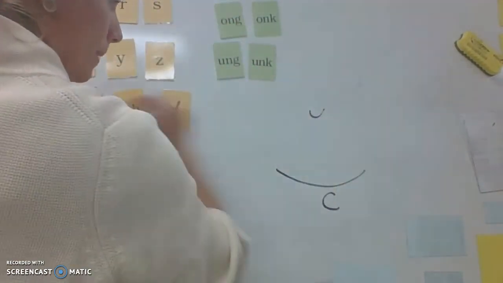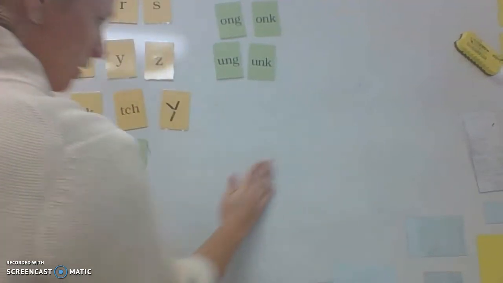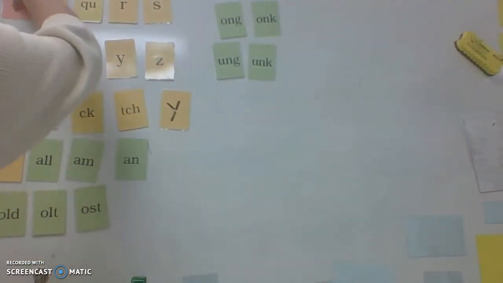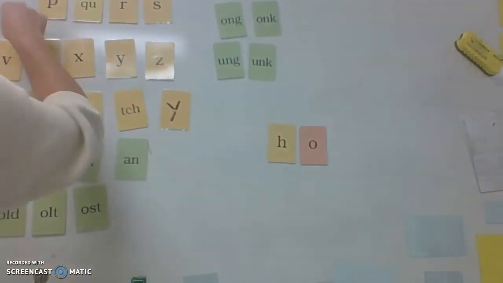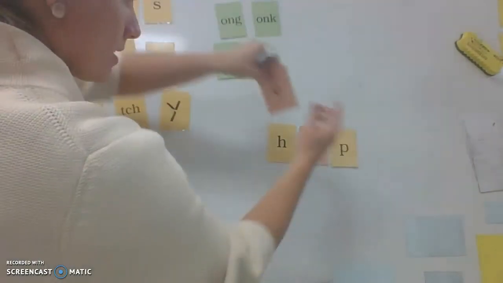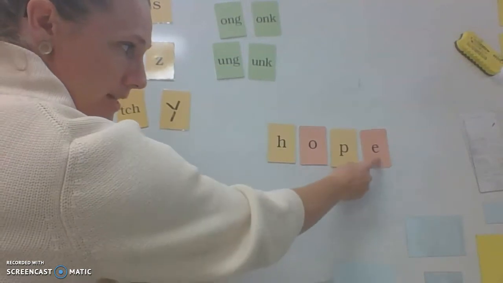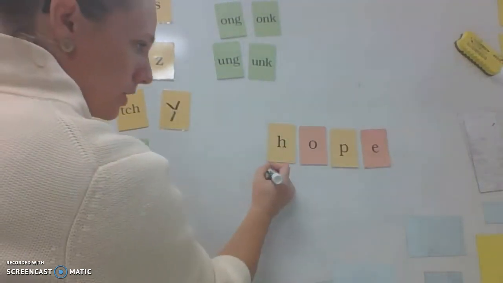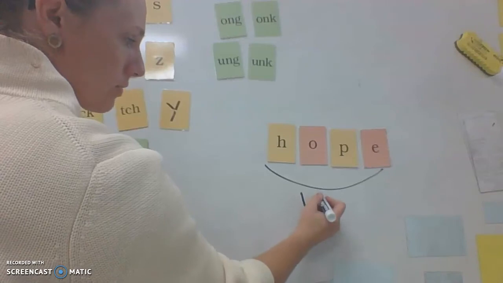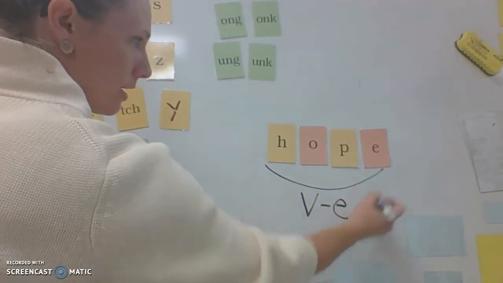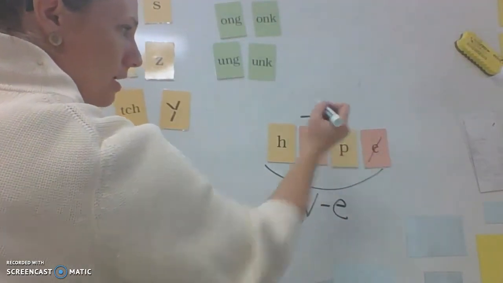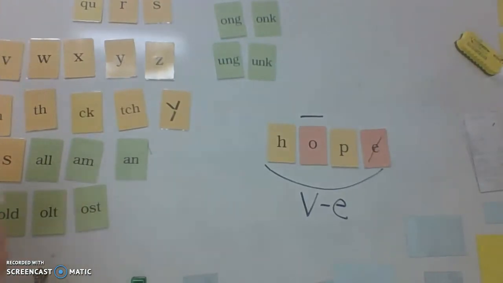Okay, how about this one? What kind of syllable is this? Find the vowel. It's closed in, but oh, wait a second, there's an E. So this syllable is vowel, consonant, E. And we cross off the E, and the O is long. It says its name.